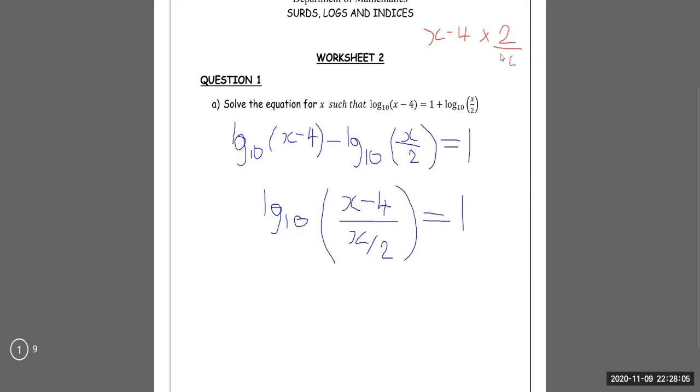Yes, sir. Nice. And so we can rewrite this part right here as 2x minus 8 over x. So let's rewrite this now as log to base 10 of 2x minus 8 over x.